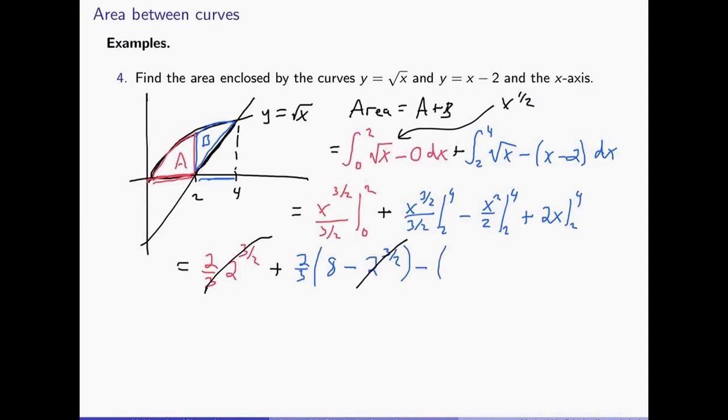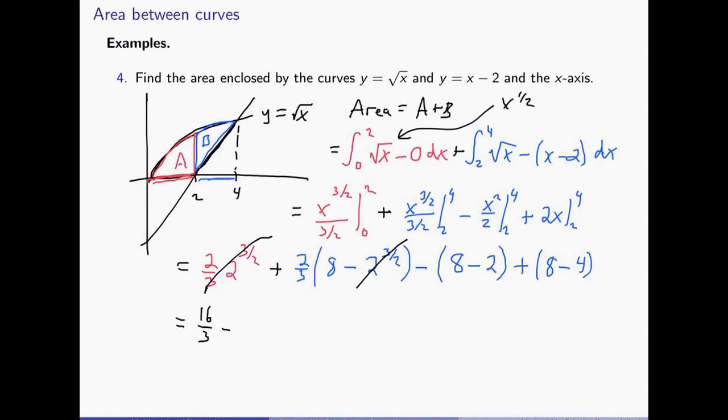we have 4 squared over 2 is 8, minus 2 squared over 2 is 2, and then plus 2 times 4 is 8, minus 2 times 2 is 4. So let's simplify this. So this is going to be 16 thirds minus, that's going to be 6.